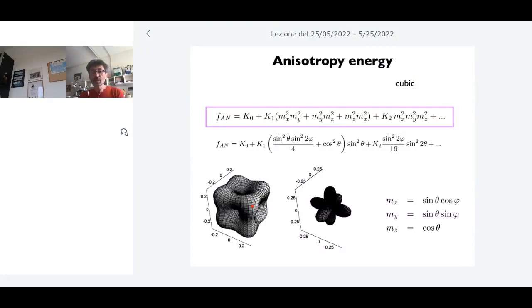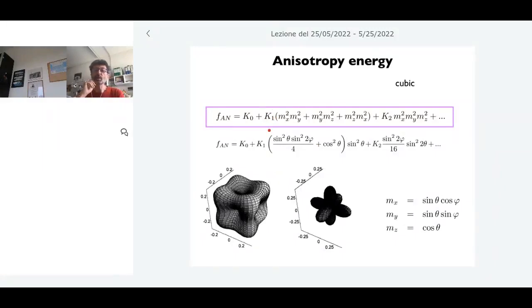What is interesting is that with the expression given here, you can also describe the opposite situation, where the main axes, Z, X, and Y, are the hard magnetic directions. So the magnetization, in this case, will tend to stay with low energy along the diagonals of the cube.